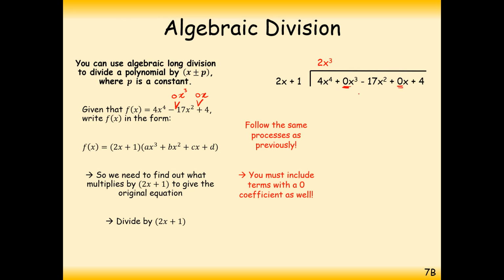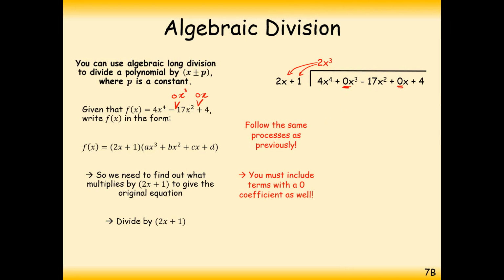We need to have a gap between this x to the power of 4 and x squared. We need to put something there because, with this multiplication here, it's going to give us an extra term. When you multiply 1 by x cubed, you're going to get some x cubed term, and if you didn't leave a gap there, things would get messy and ugly.